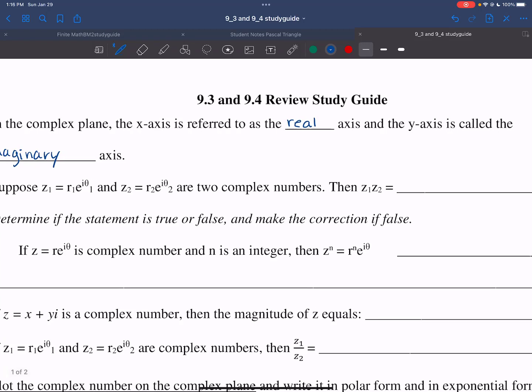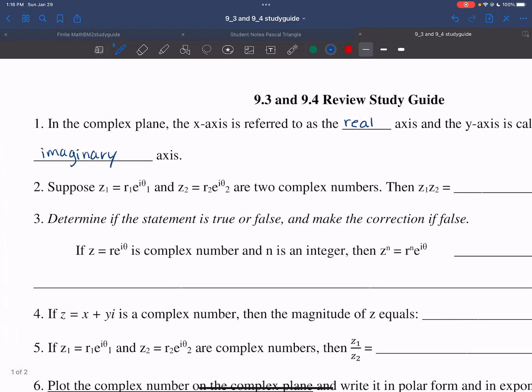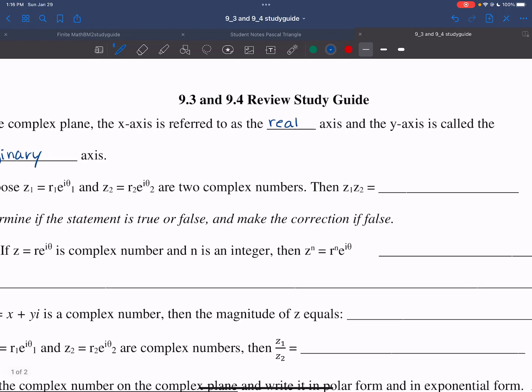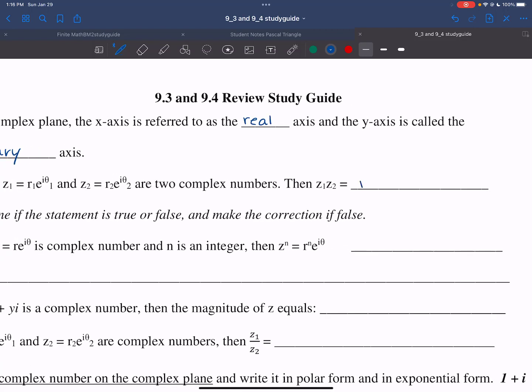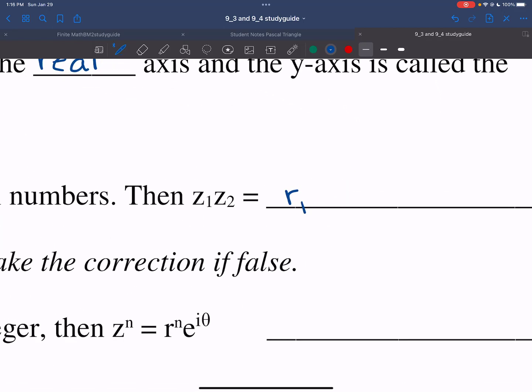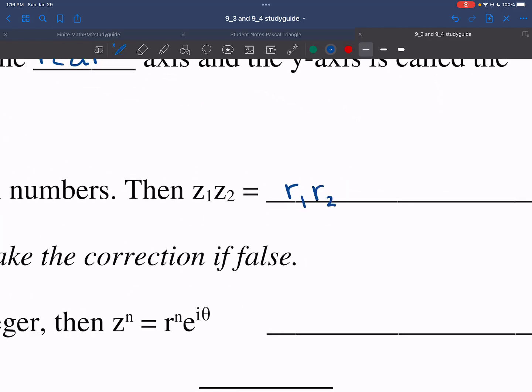Then z1 times z2: remember, if we're going to multiply two things, then the exponents are going to get added. So we're going to do r1 times r2, both of them times e to the i, and then inside the parentheses is θ1 plus θ2.